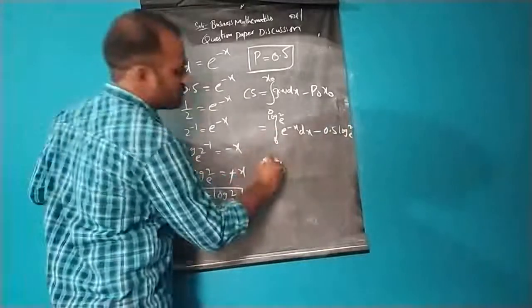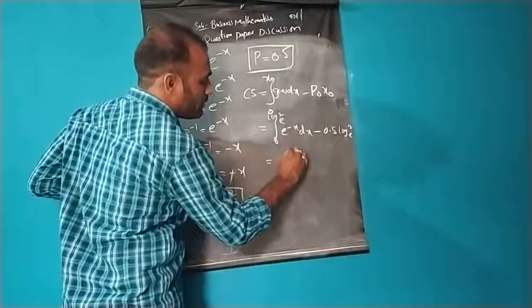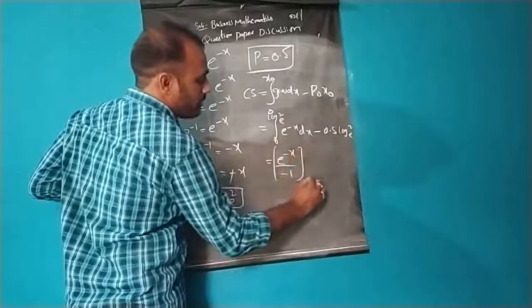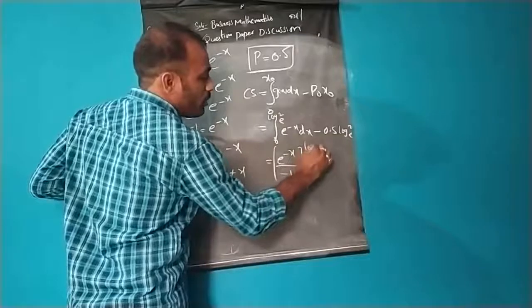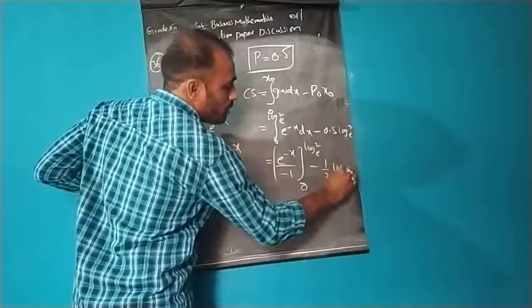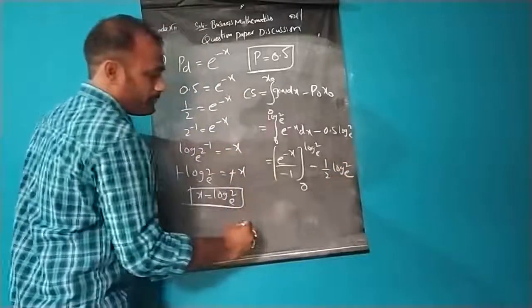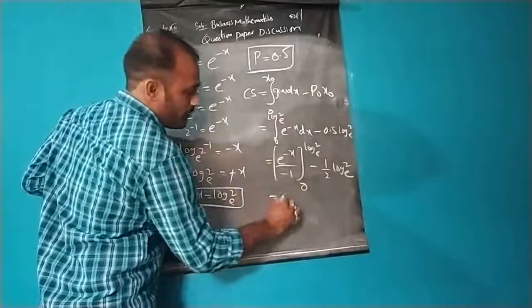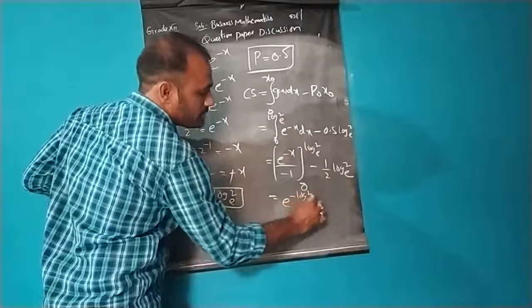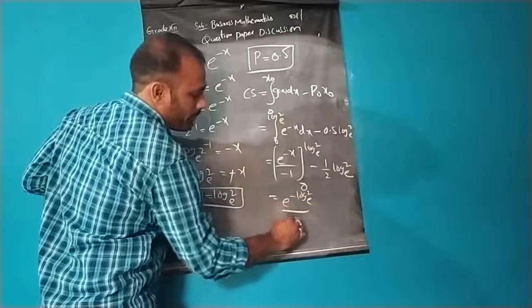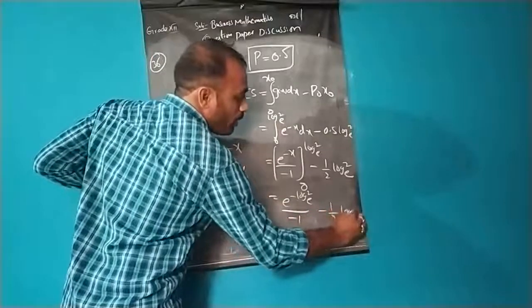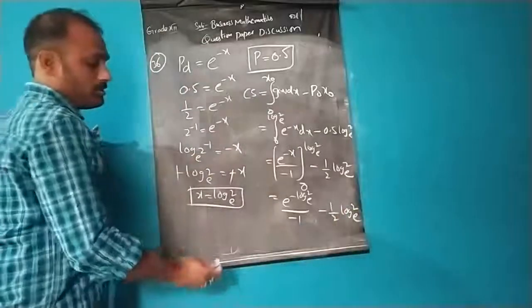So integration of e power minus x will be e power minus x by minus 1. The limits are 0 to log 2 to the base e, minus 1 by 2 log 2 to the base e. So here I substitute log 2 to the base e in the power, divided by minus 1, minus 1 by 2 log 2 to the base e.